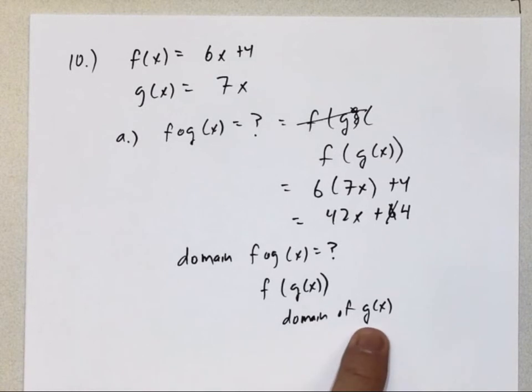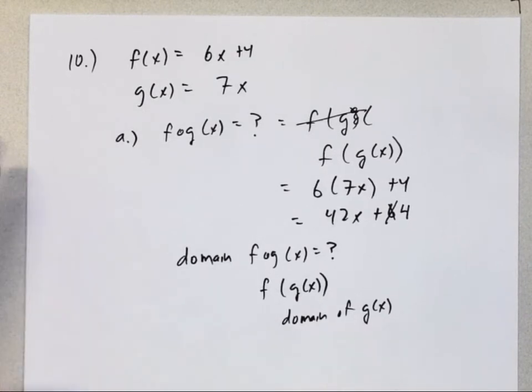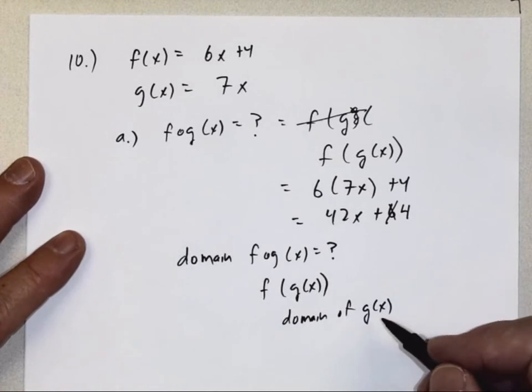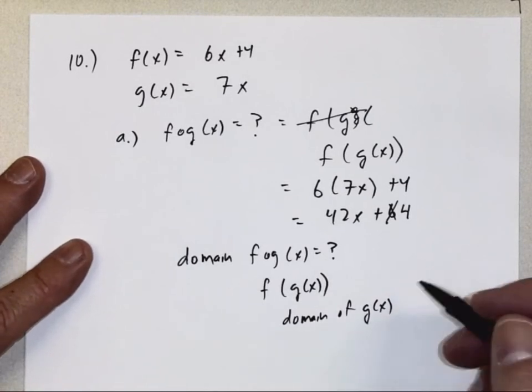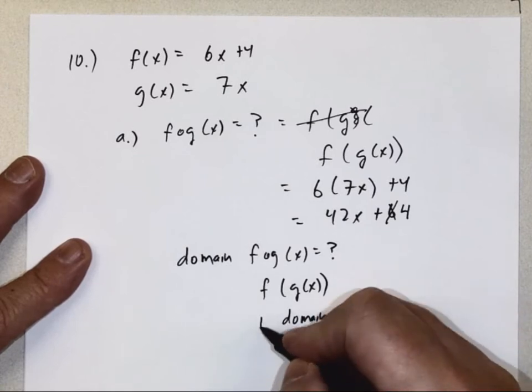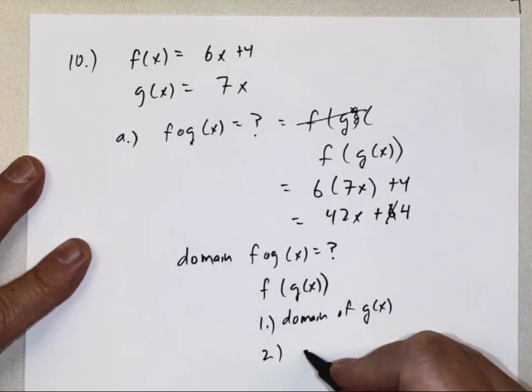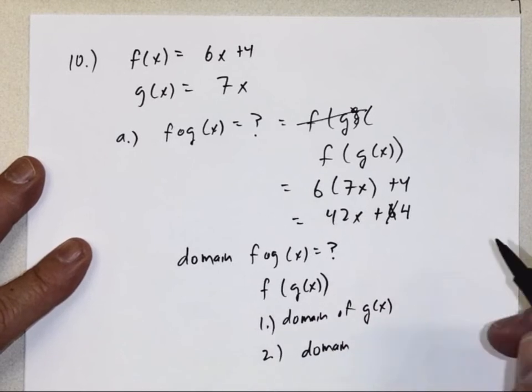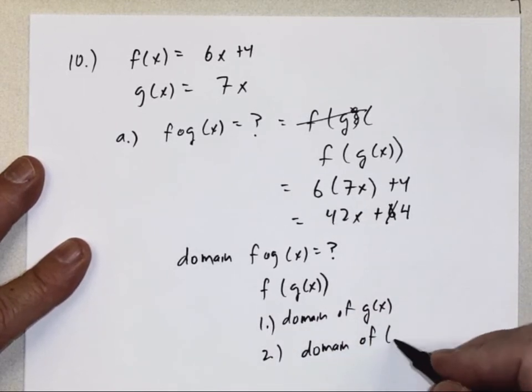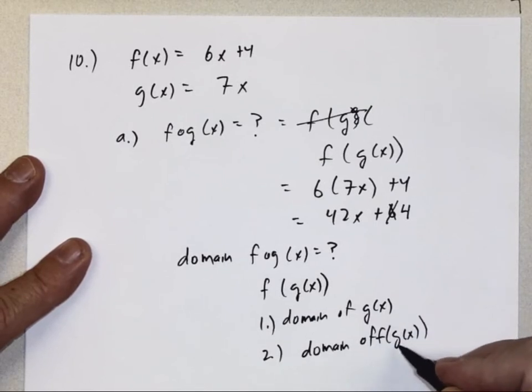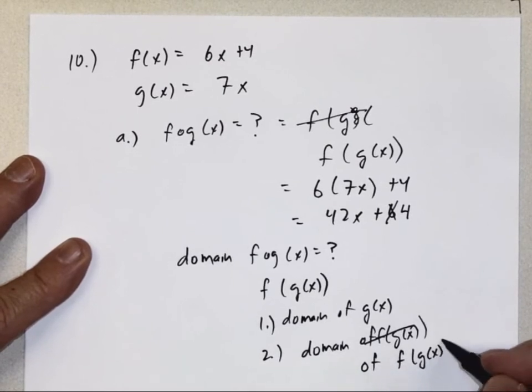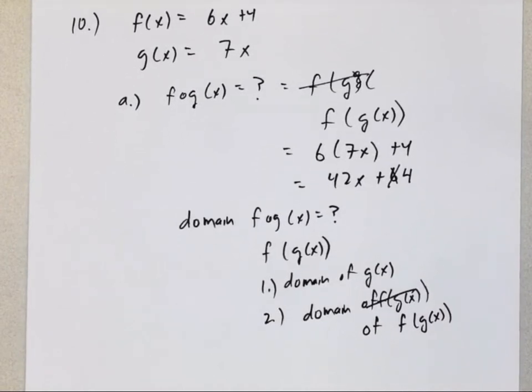So you take the domain of g of x, and then in a sense you intersect it with the domain of your final answer, and then you compare what those two have in common.